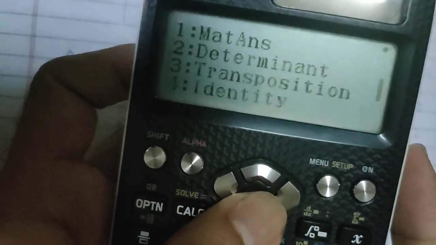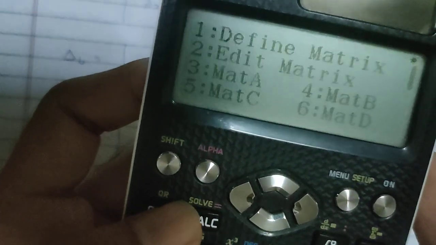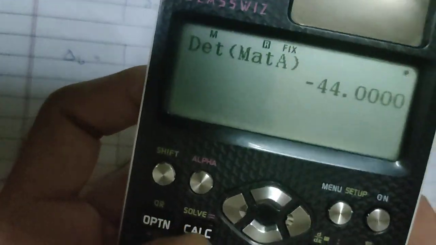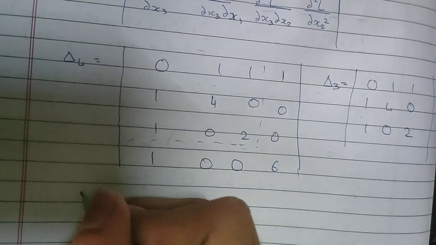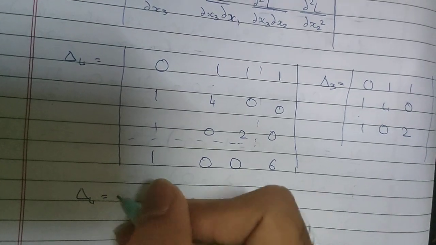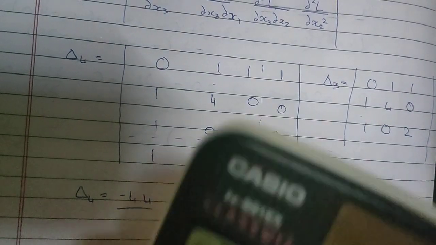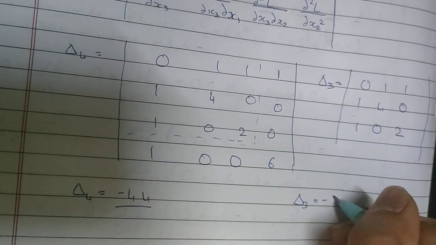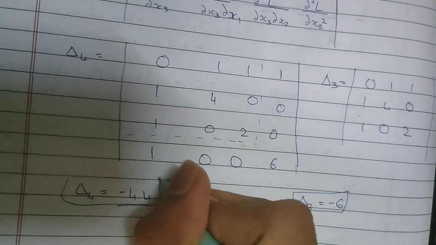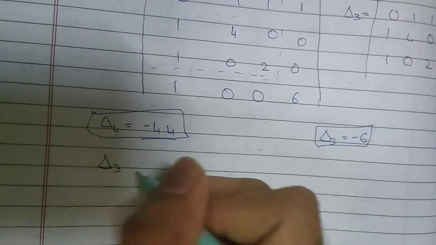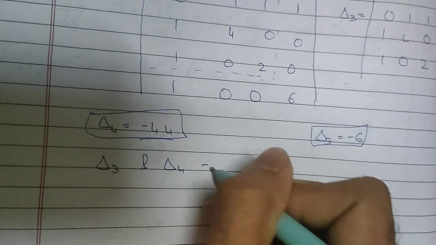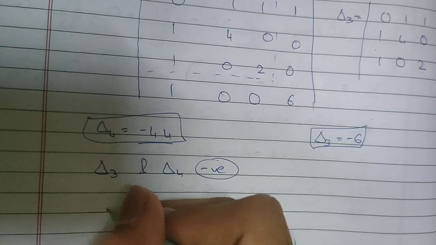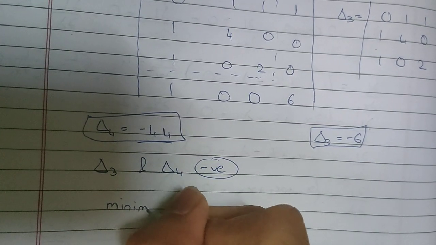Now going to matrix calculation, finding the determinant of our first matrix. We get the determinant of del 4 as minus 44, and we can also find the determinant of del 3, which is minus 6. Since del 3 and del 4 both are negative, we can conclude that this point is a point of minima.